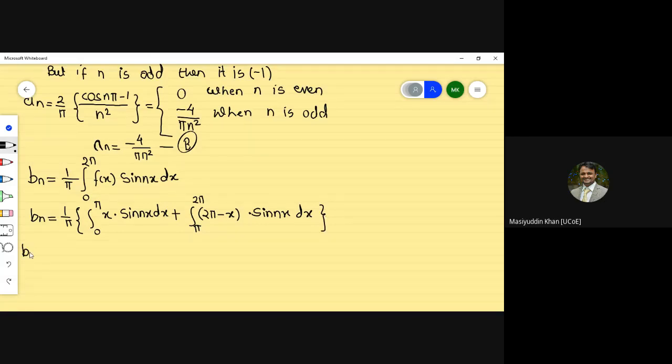So b_n is equal to 1 by pi, again we have to give the same names here, that is u and v. So you can see u into v: x as it is, integration of sine becomes minus cos nx upon n.